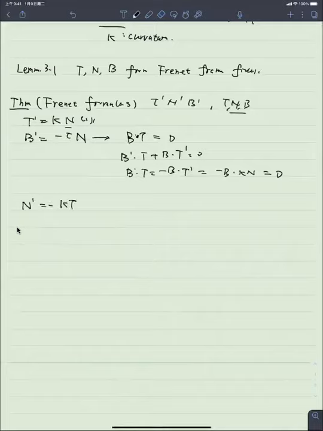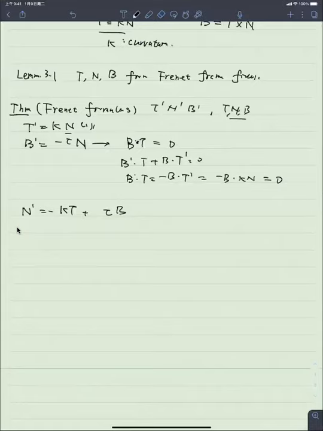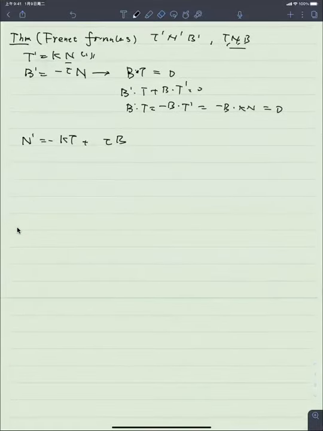N prime is negative curvature times T plus tau B. The first equation comes from the original speed, the derivative of which is acceleration, and the last equation is the torsion times the principal normal field.